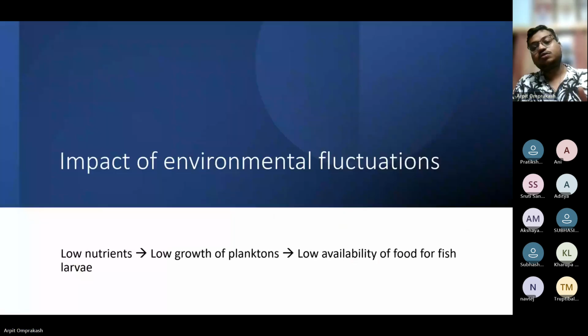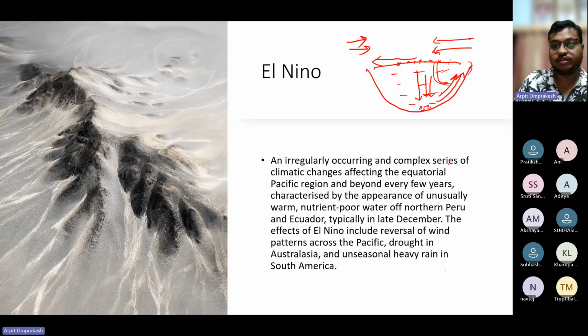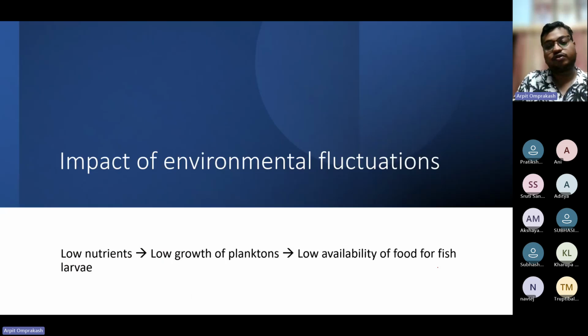Here we have a low amount of nutrients, then a very low growth of planktons because of that. When the nutrients come up, they provide food not only for the fish but also for the planktons. So there's a low growth of planktons in that area during El Nino, and because of that there's a low availability of food for the fish larvae, and a drop in the fish population.